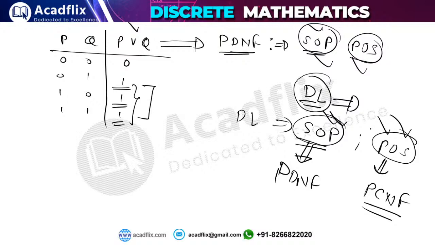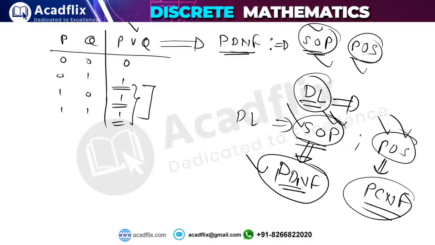These are very important concepts in the digital logic subject, which will be taught after a few days. At that time, once you study SOP, remember this one line: SOP is PDNF and POS is PCNF.